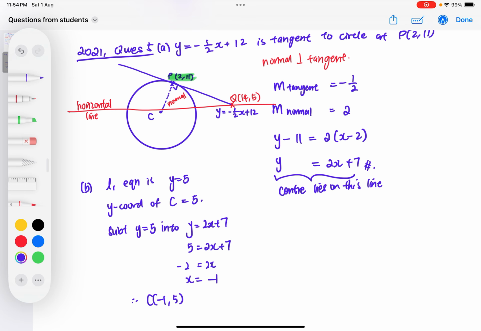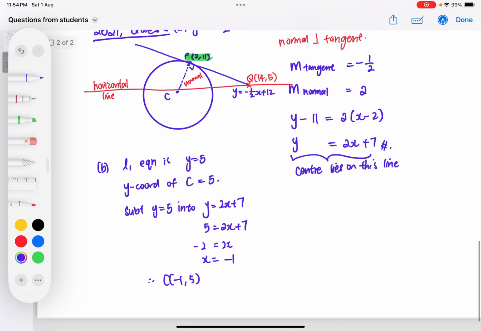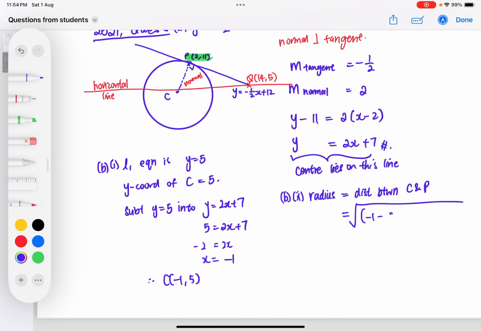Okay, hence or otherwise, find the equation of the circle. That's easy. We just have to find the radius because we already got the center. So for B part 2, the radius is given by the distance between C and P, which is the square root of, I feel like I'm revising your E-math now, (5 minus 11) squared, right?